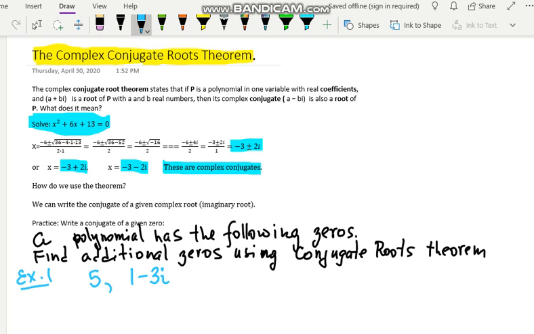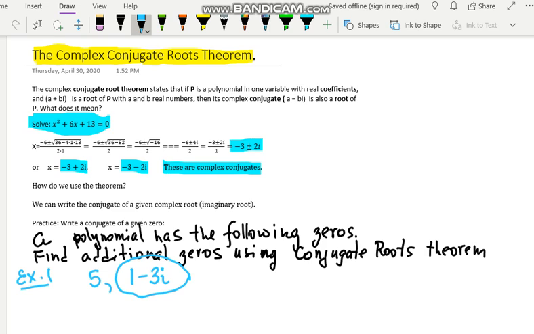This is all that is given to me. I will be asked to write down a polynomial using the zeros that are given to me. Well, I cannot do anything because something is missing here. I know that I got this 1 minus 3i imaginary root.